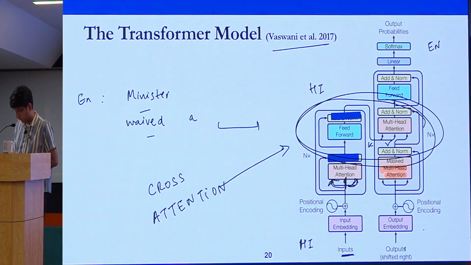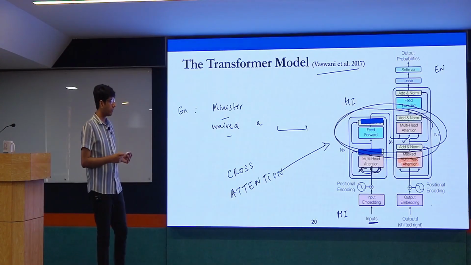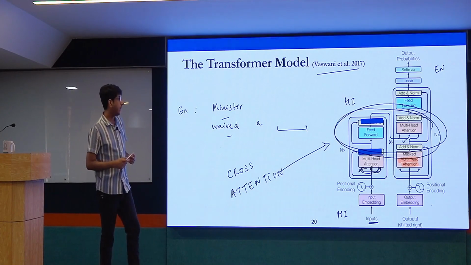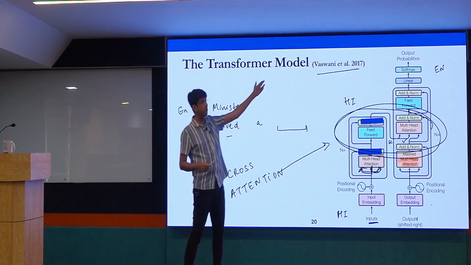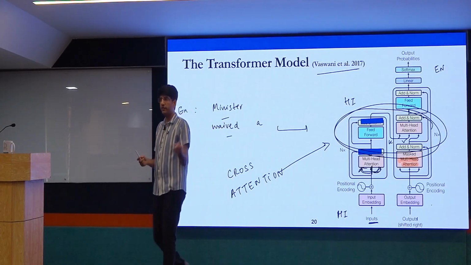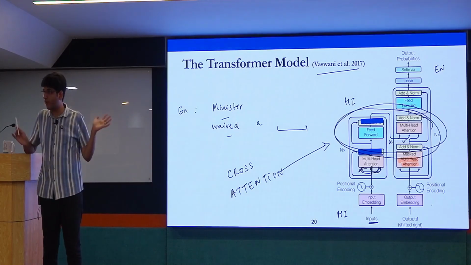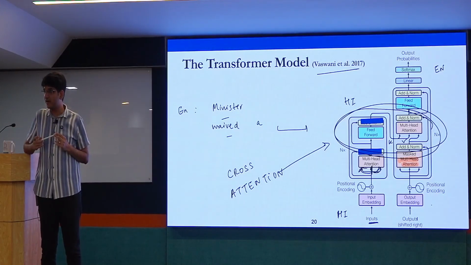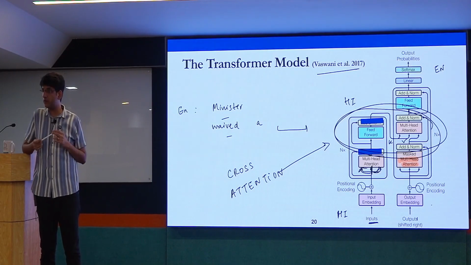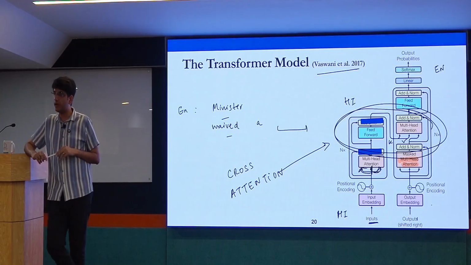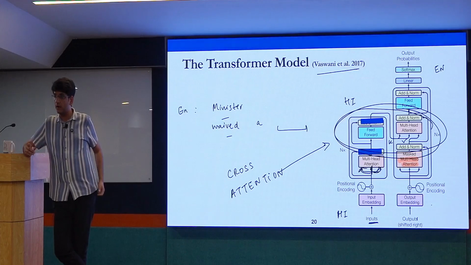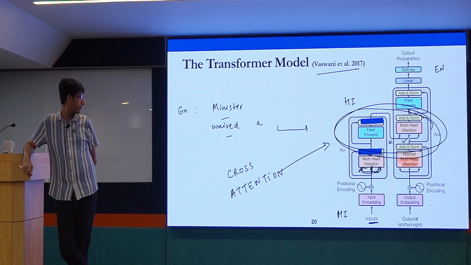Where exactly are we storing those outputs, minister, waved, and all, because we are giving that as an input to the decoder, right? Yeah, whatever outputs you get, you will pass that as an input. Everything will be stored somewhere. I'm curious why you're worried about storage there. Because here in the encoder we pass that K and Q, right?